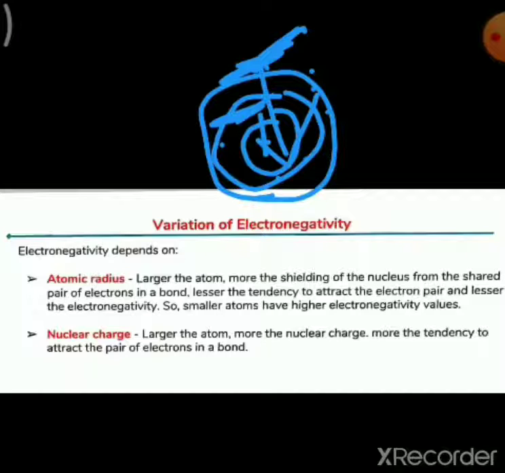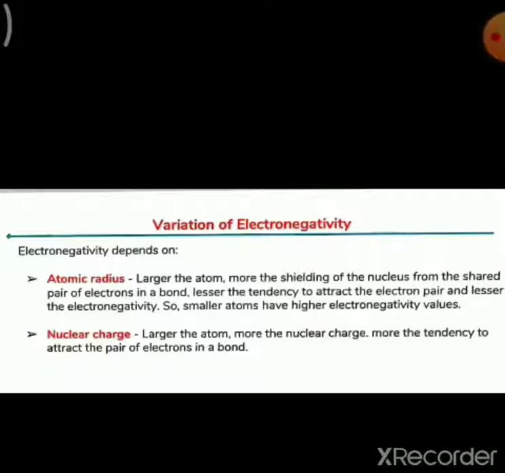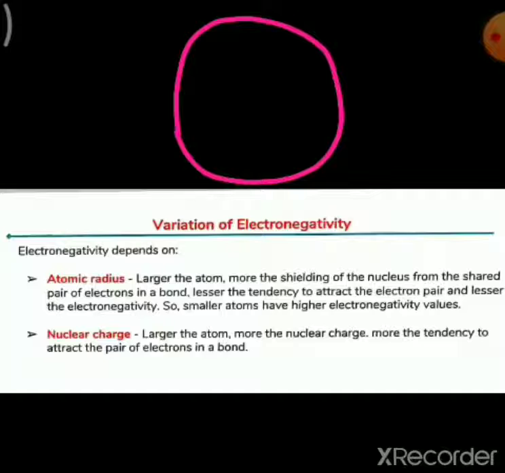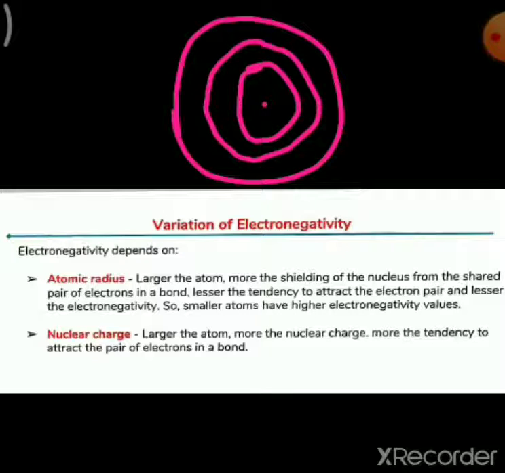I think you can't see clearly. Look again. Suppose this is one atom structure. Here is the nucleus. Here are some other orbitals where the electrons are. Here is the outermost orbital where the electrons are.